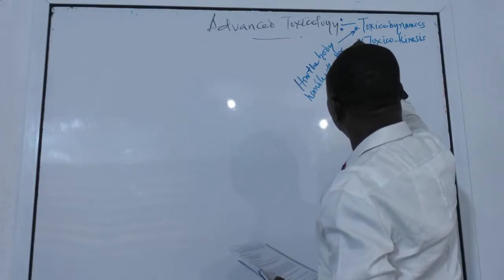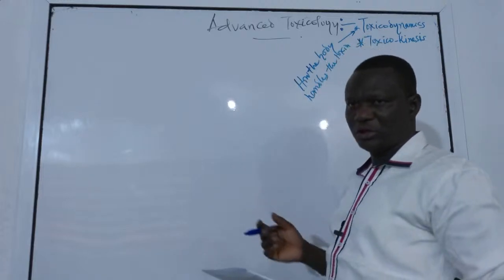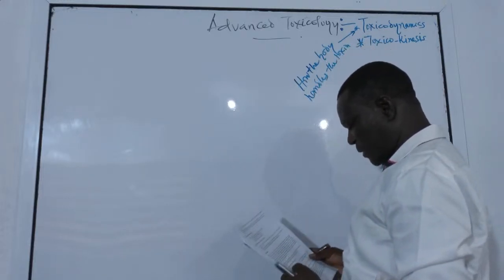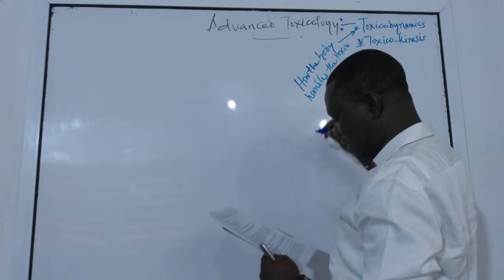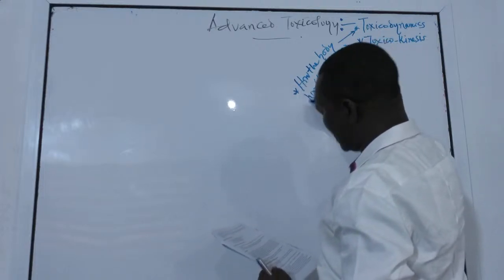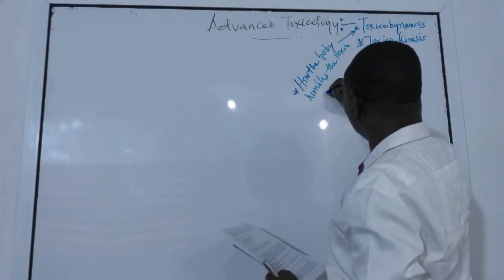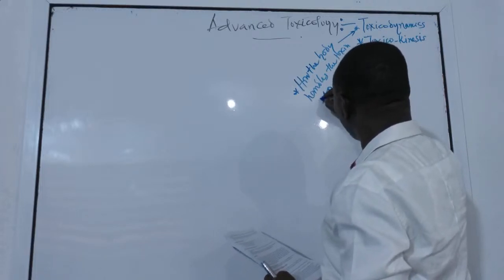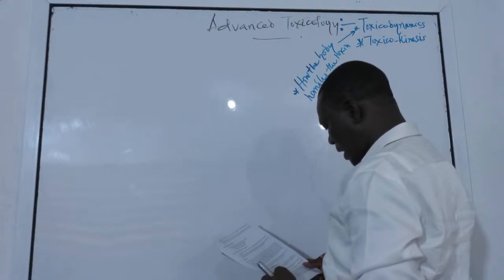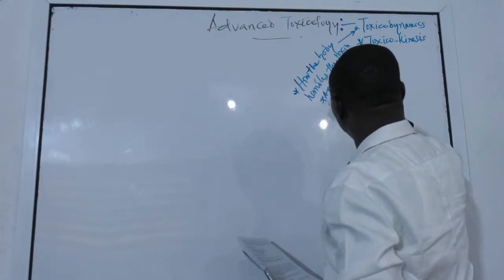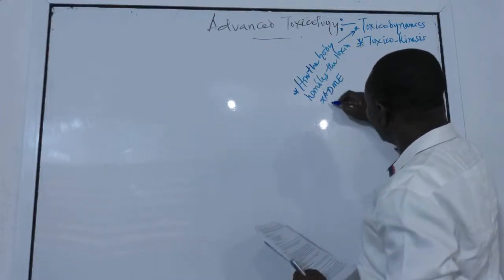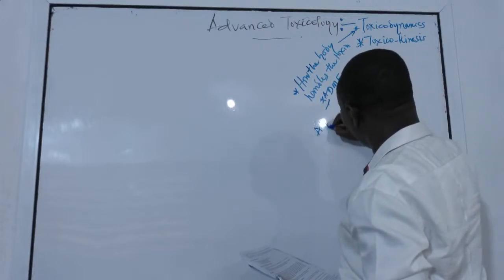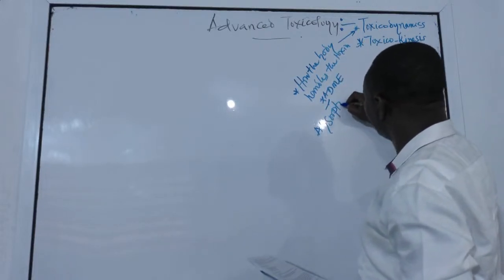If there's a toxin, how would each person, or how would the body, handle that? That leads us to four key stages and processes, ADME. A stands for absorption.